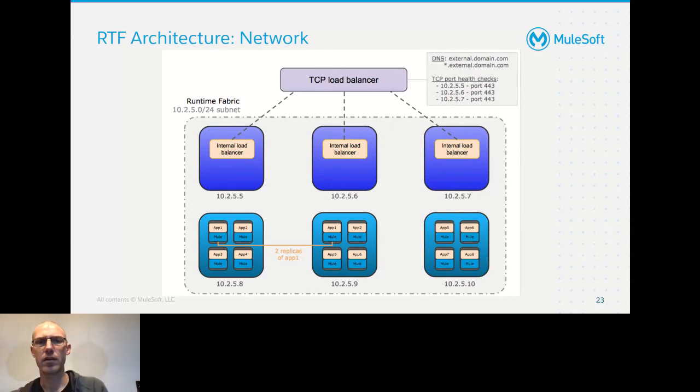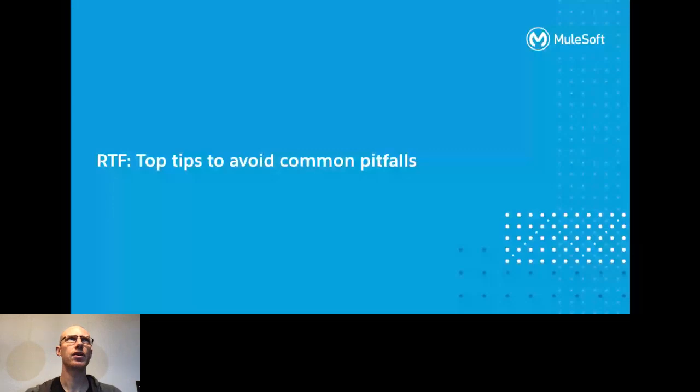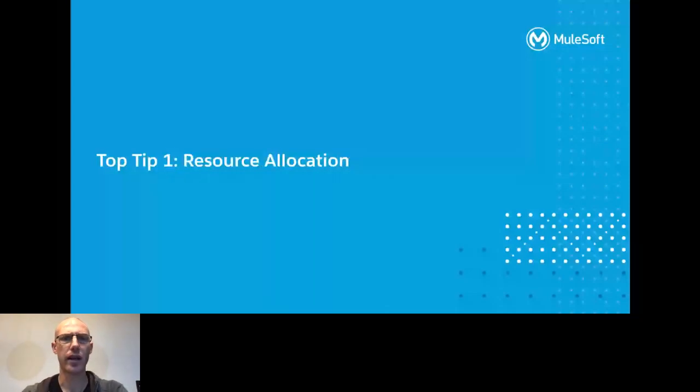So I'm sure you can appreciate that the Runtime Fabric solution is a complex one. I think there are just a couple of top tips which are really good to note with regards to Runtime Fabric. Firstly, being resource allocation. So how does resource allocation work in a Runtime Fabric?